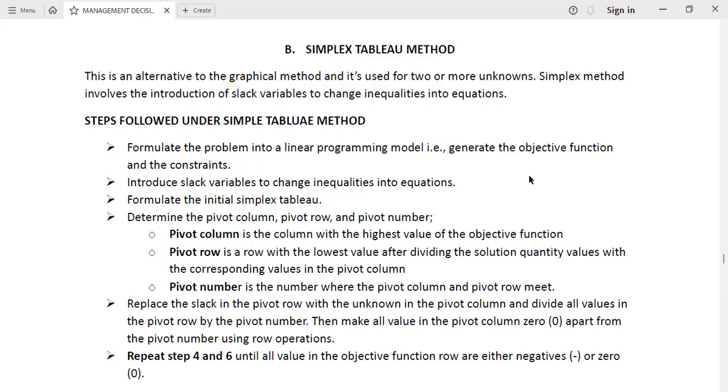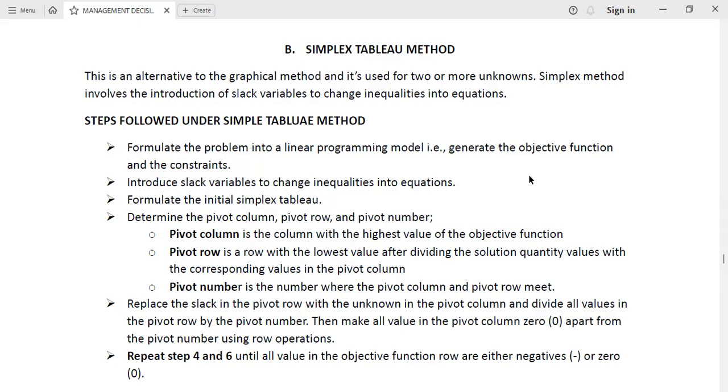They can even be two, and the examiner specifies that you use the simplex method. So it's not a must that whenever we see the simplex method you have three unknowns. When the examiner brings two unknowns, he is supposed to tell you which method, because both methods can apply to two unknowns.